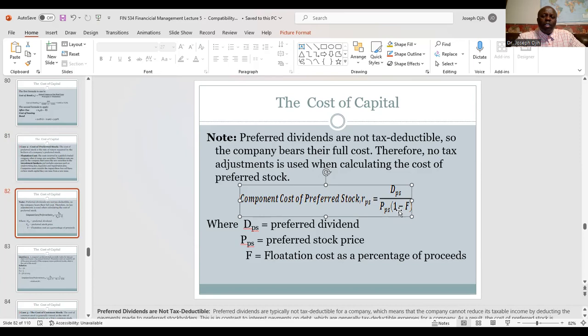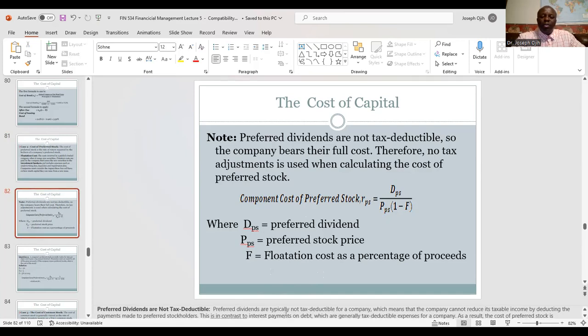Now, it is important to note here that the preferred dividends are not tax deductible. So the company bears the full cost. What does this mean? It means that the company cannot reduce its taxable income by deducting the payments made to preferred stockholders.